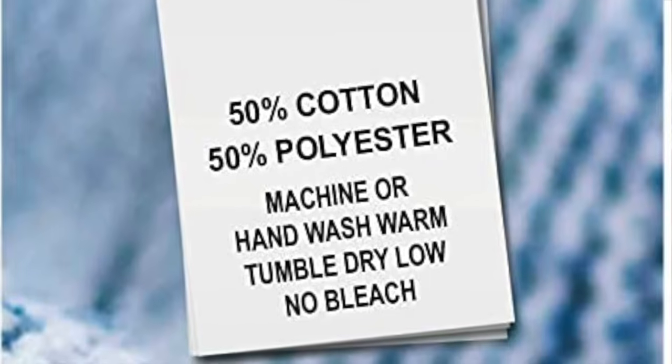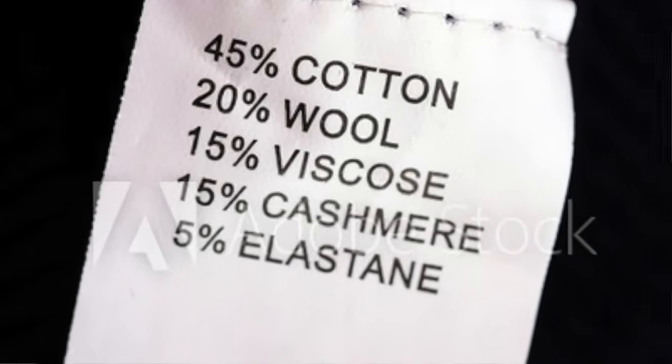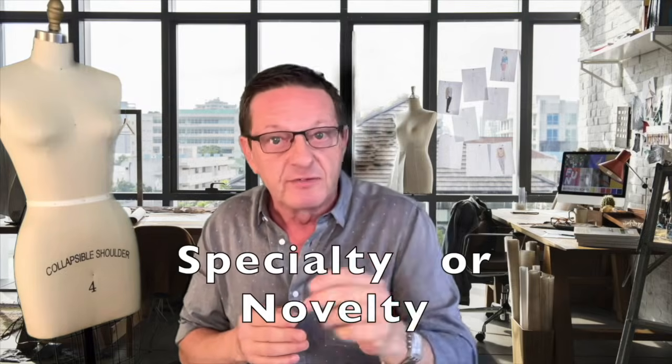Or in some cases, you'll notice in the label of a garment, you will see like 50% cotton, 45% polyester, and 5% lycra, or rayon, or some other combination. Those are blends, right? We also have minor categories called specialty yarns or novelty yarns, where the yarn is irregular.